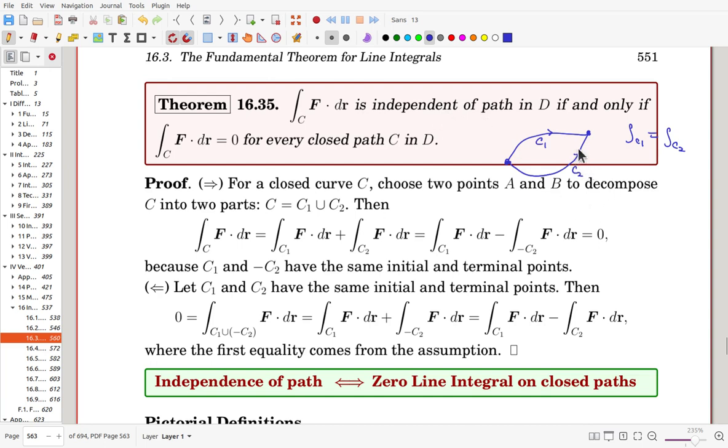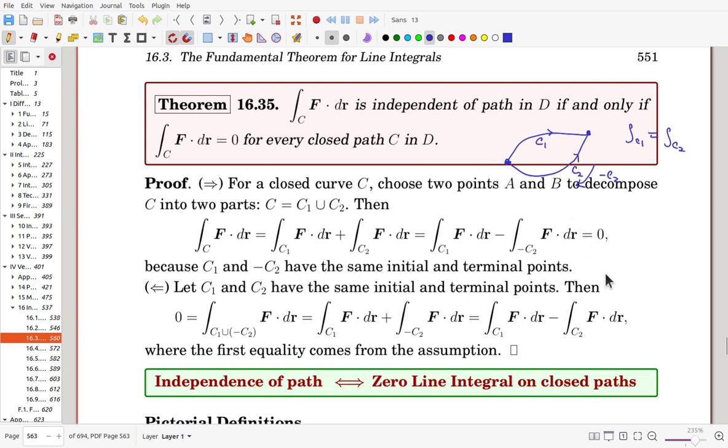Now, if we consider the opposite, the reverse, minus C2, then this value is exactly the negation of that one. So if we consider this closed curve, the integral must be 0, because the values along these two curves must be the same, and if we consider the reverse, then the negation of the integral cancels out to become 0.